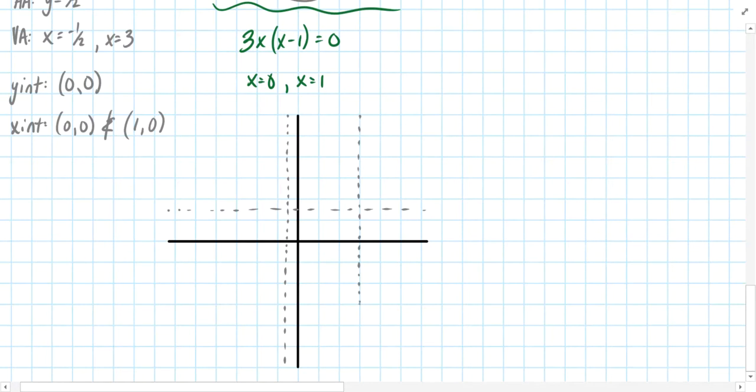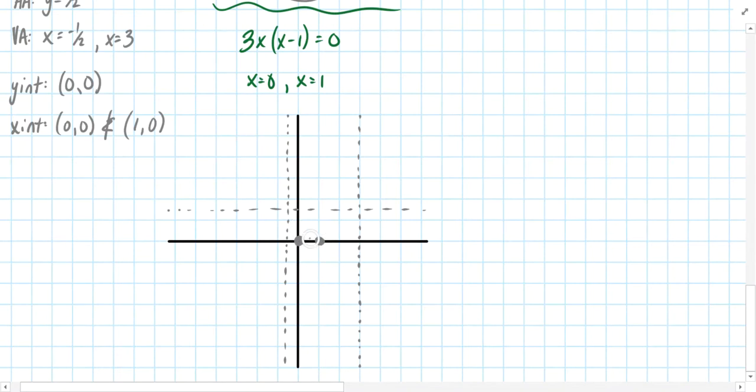So we're going to have at least 3 segments or 3 branches to this graph. We have a y-intercept at 0, 0 and an x-intercept at 0, 0. That doesn't help too much. But we also have an x-intercept at 1, 0. That's kind of interesting. But that is really all that we have. We don't have any other data points.